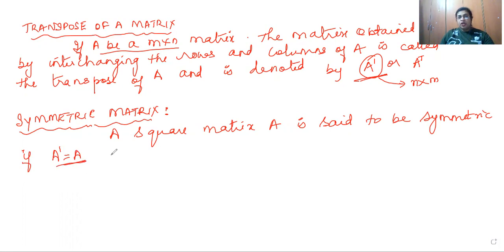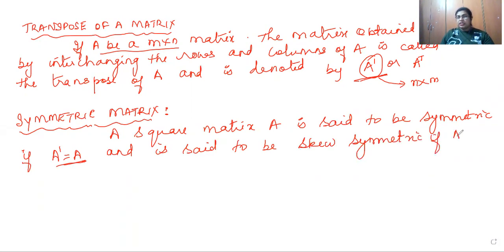And what is skew symmetric then? It has to be a square matrix only, and is said to be skew symmetric if A transpose is equal to minus A.